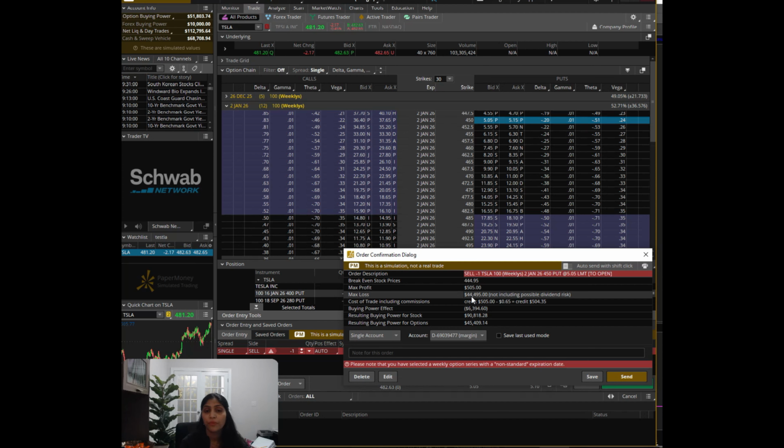Those chances are very, very low, especially with stocks like Tesla, Nvidia, Palantir. That is very rare, that's not going to happen most of the time, but they will give you the real worst case scenario. And always when you do cash secured puts, do it only on stocks you believe in so much, otherwise just don't do it.